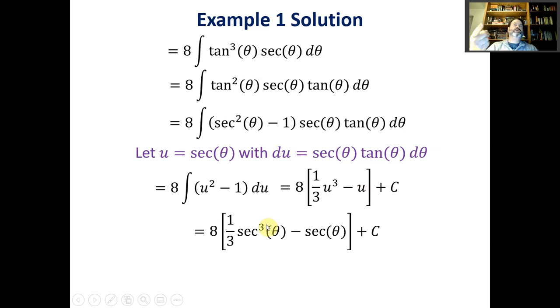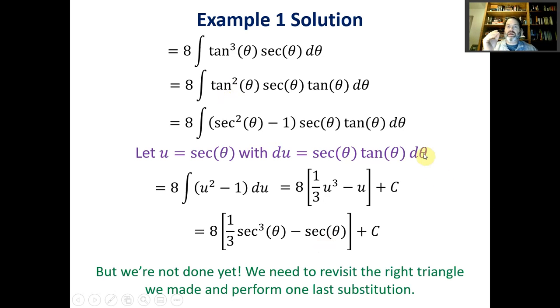Now we have to do the substitutions in reverse order. So we have to replace u's with thetas again. But we have to replace these secant thetas with the sides from our right triangle. When we started this problem, our substitution was tangent theta, which is opposite over adjacent.